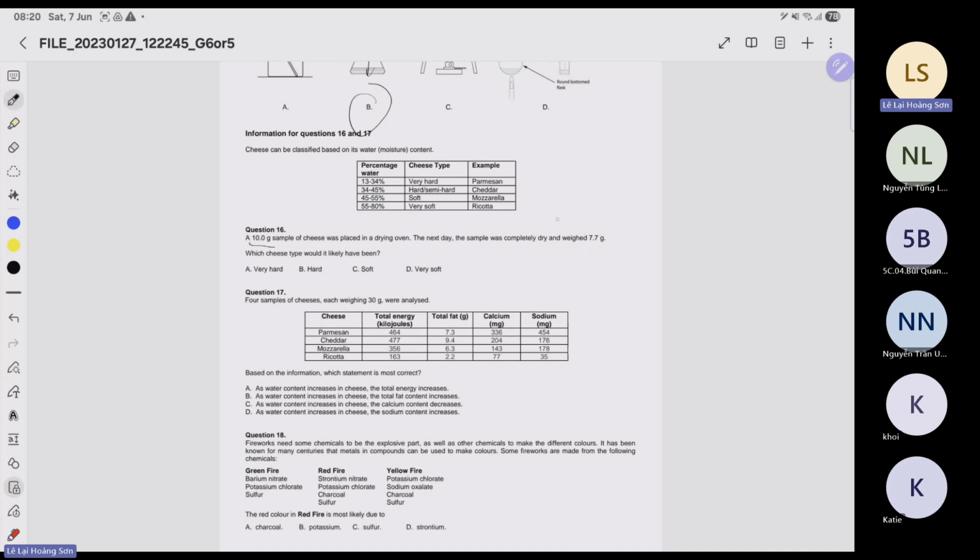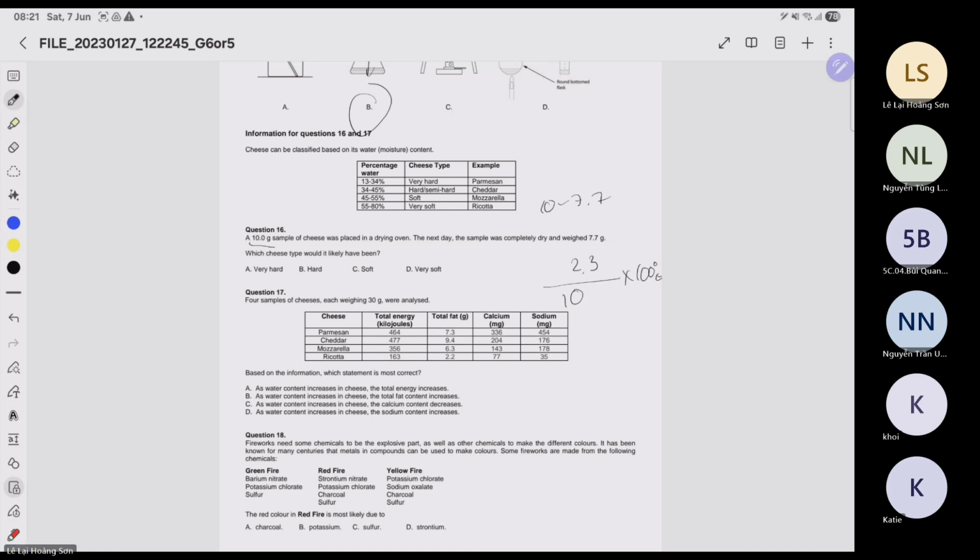So the difference will give you the mass of water. So 10 minus 7.7 is 2.3.